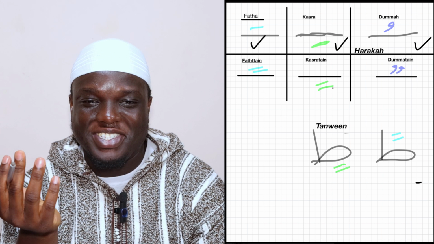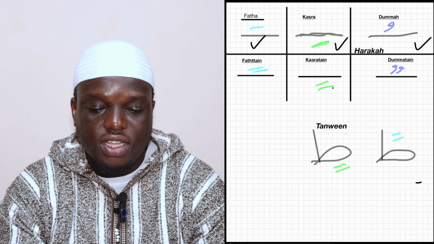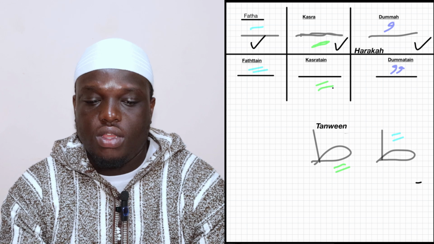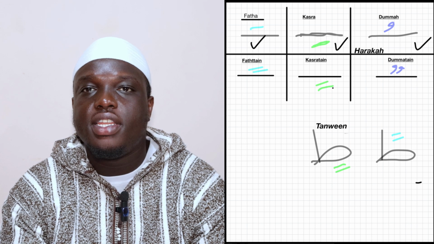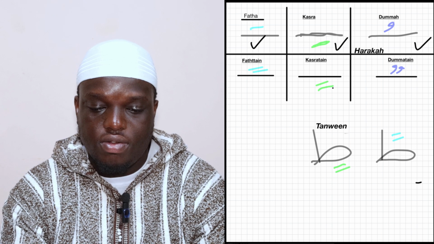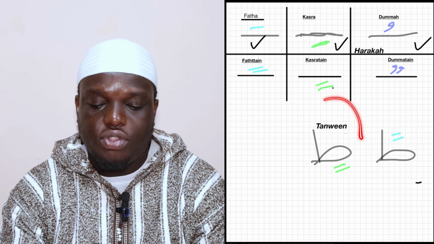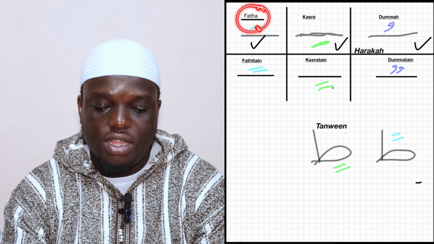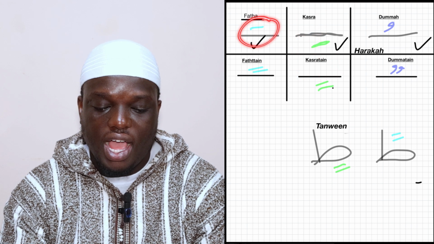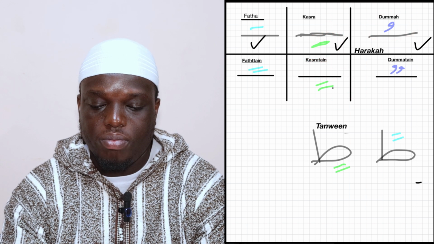So two short lines below. So ta with the kasratain is tin. Fathatain, an. Kasratain, in.